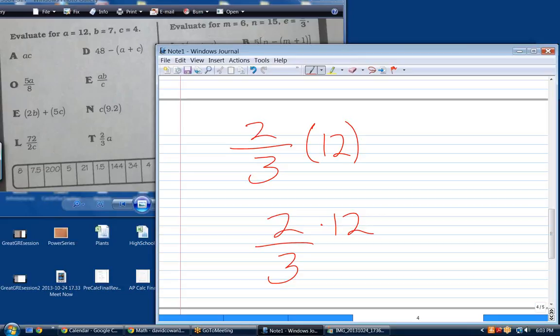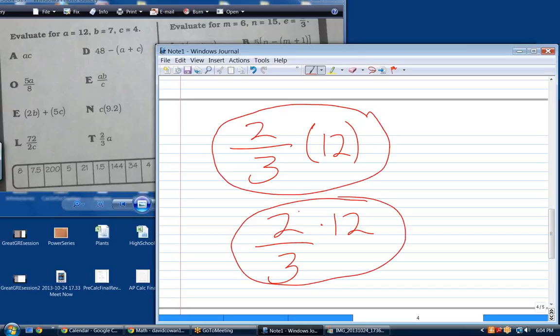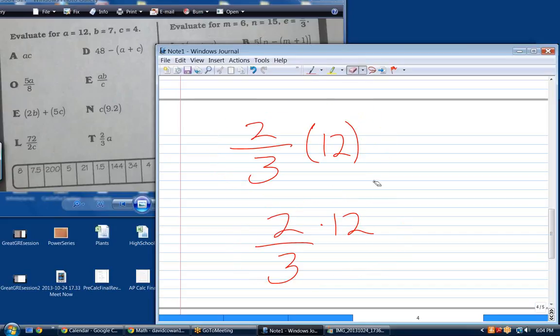I think you do it left to right again. You can do it, but it's the same thing. In other words, I want you to know that that is the same as this. So we don't have to do it left to right, but let's simplify it.